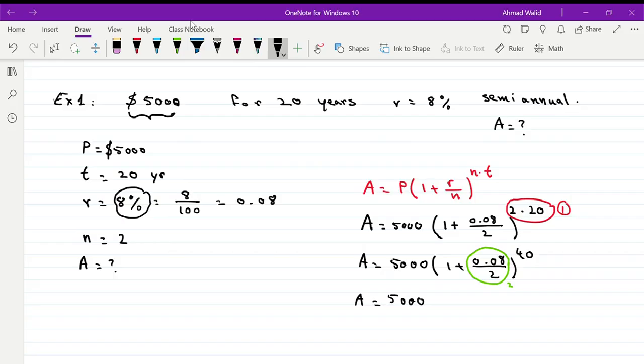5,000 times 1 plus, let me open a calculator here. It should give you 0.04, right? But let me show you in a calculator.